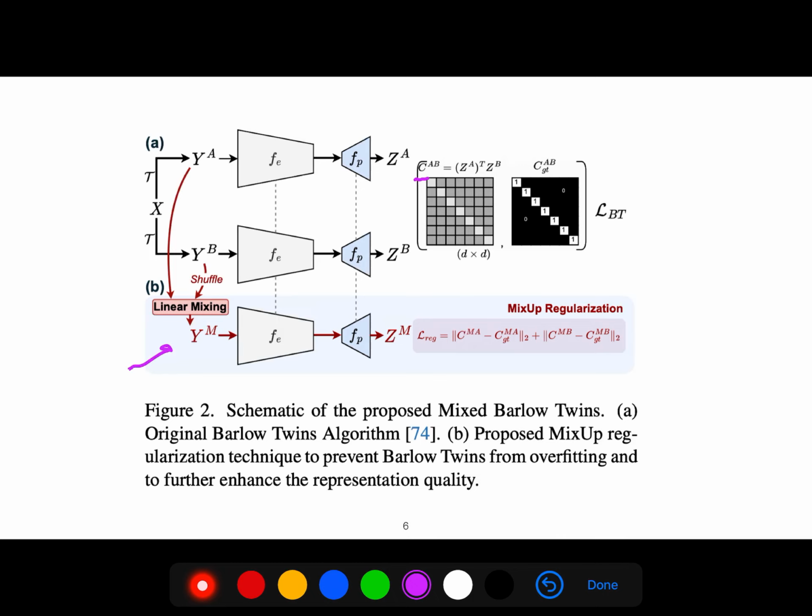They propose a mixup regularization technique. They call it a mixup regularization technique because it prevents Barlow Twins from overfitting and further enhances the representation quality.